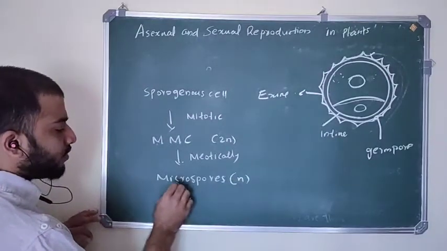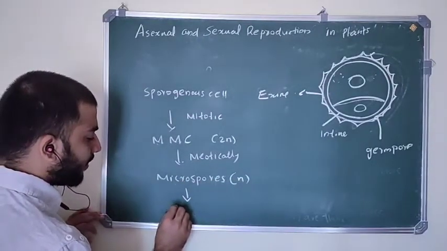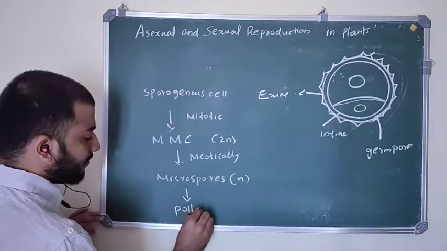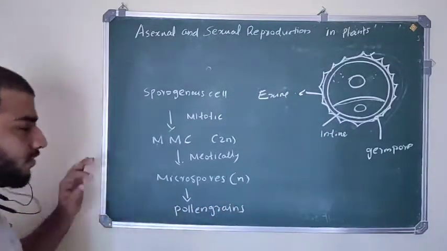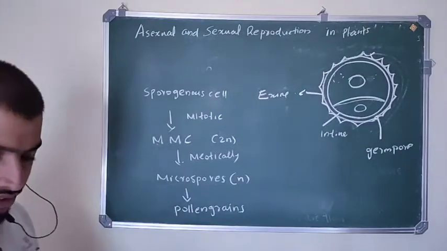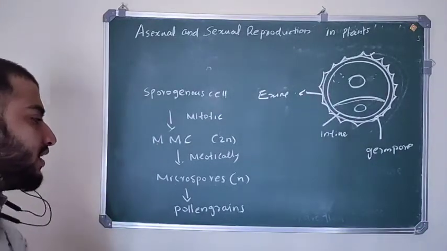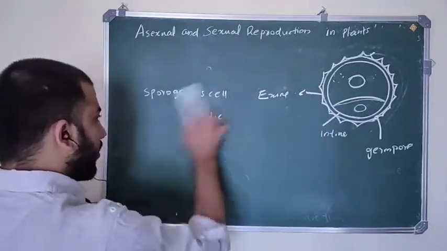From these microspores, pollen grains develop. So you already know these steps. Let's check the structure of a pollen grain.